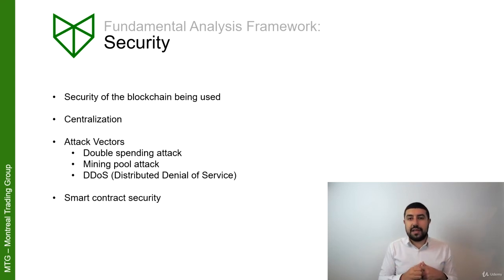Is there a lot of centralization in either the miners or the holders? Because that could breach security. If the miners are just a few big miners, then they can control and do double spend or other types of attacks. And again, attack vectors. How robust are we to the double spending problem, where people double spend a transaction, and they basically create two chains at the same time?